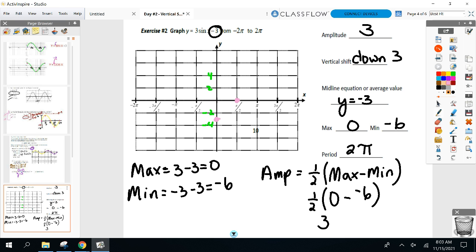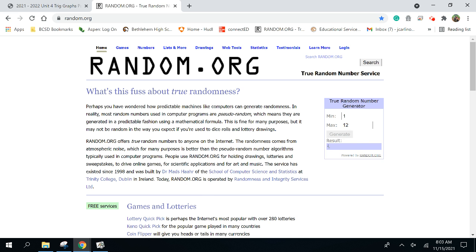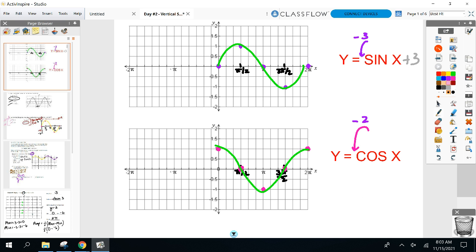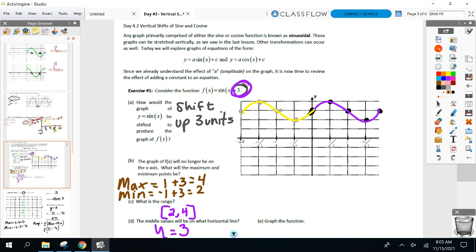0 max. Where's it go now? I know, but we already graphed that. So I have the 0, we have the max, and it goes back down to where? To 0, but what's our 0 for this problem?